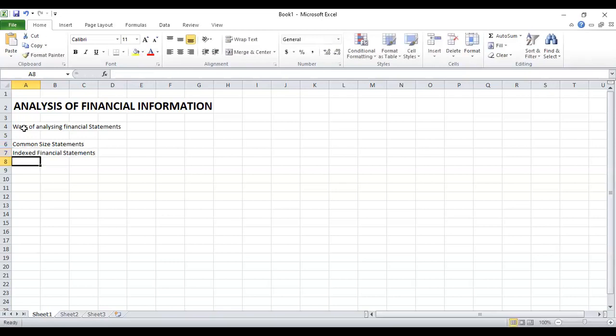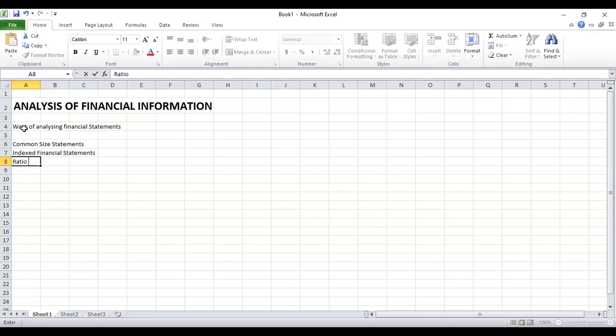Then we also have what we call ratio analysis, which is our major part.